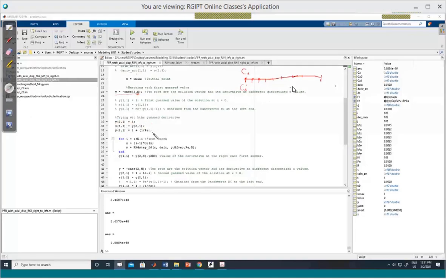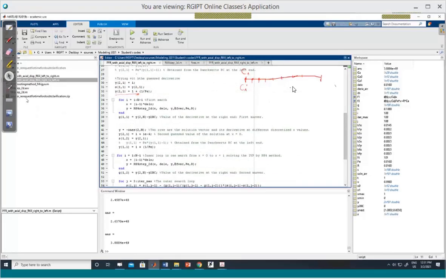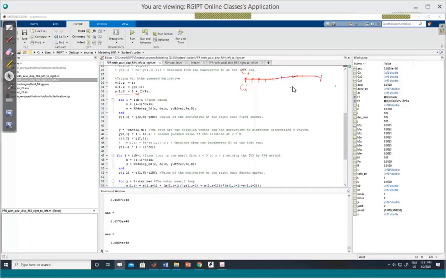Then I do two calculations independently. That was the first guess, right? So with the first guess, I do one calculation going from left hand to right hand. This is my first computing.